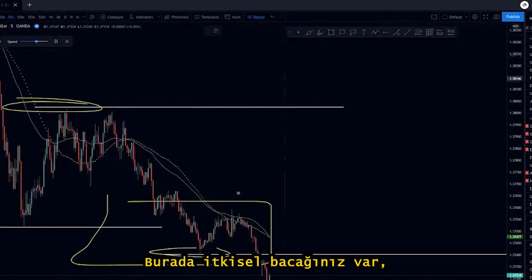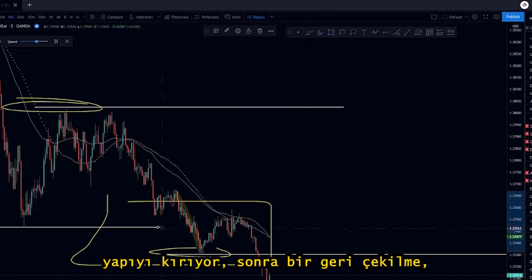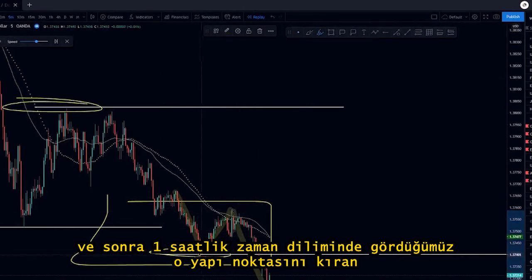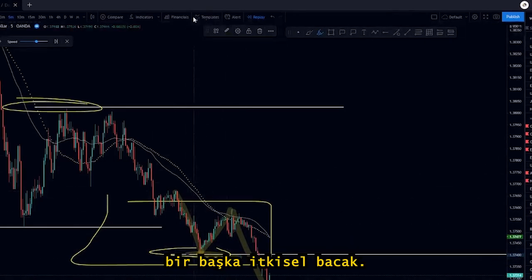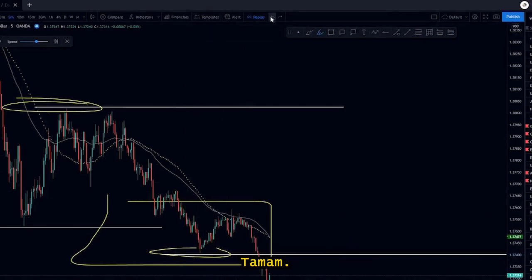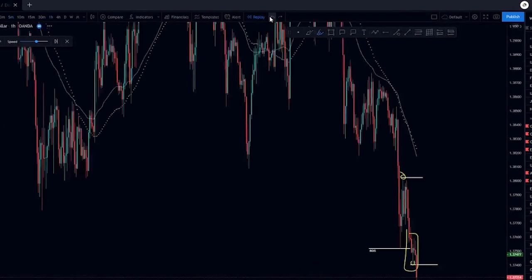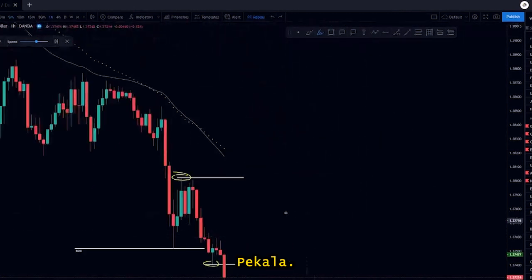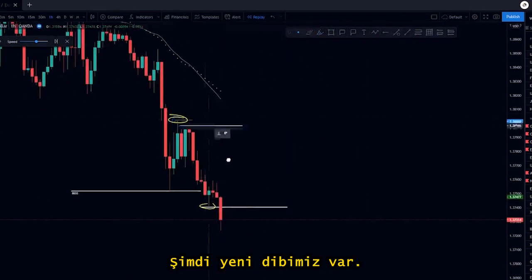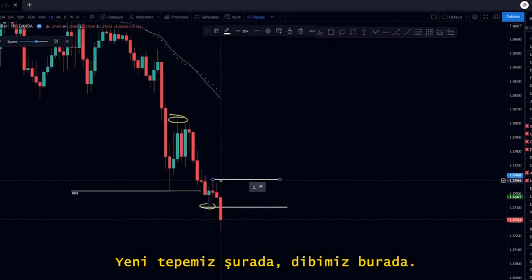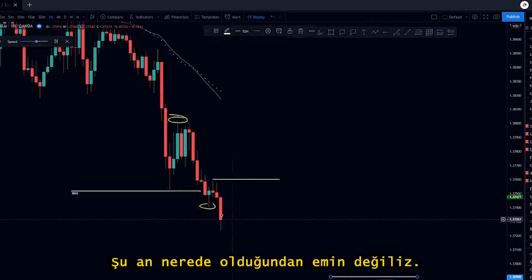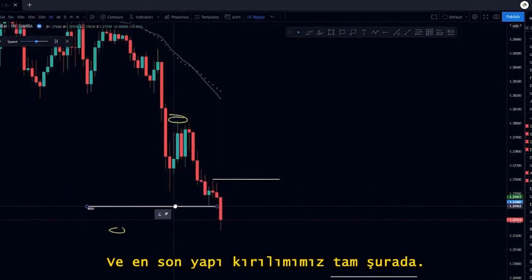So you have your impulsive leg here that breaks structure, then a retracement, and then another impulsive leg that breaks this structure point that we saw on the 1 hour time frame. So now we have our new high over here. Our low, we're not sure where it's at right now, and then our most recent break of structure right over here.